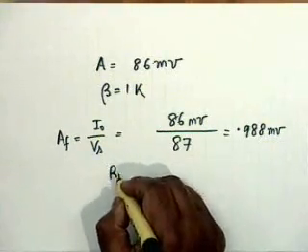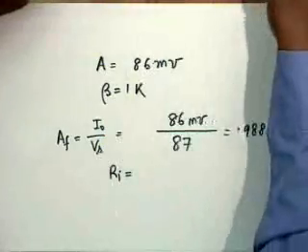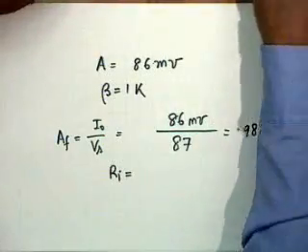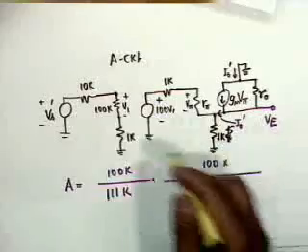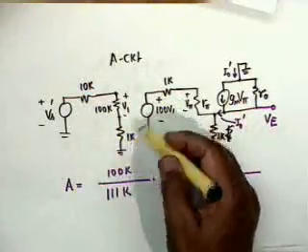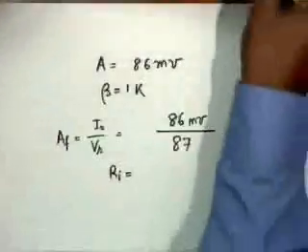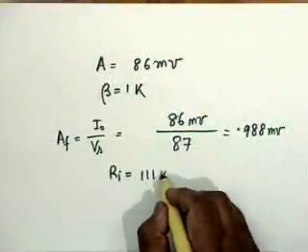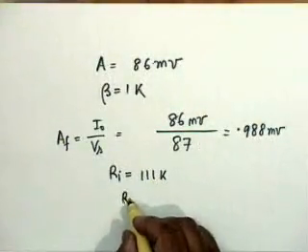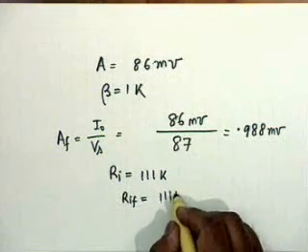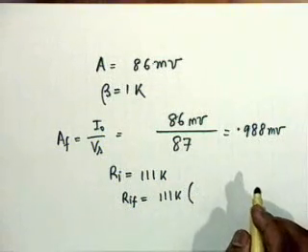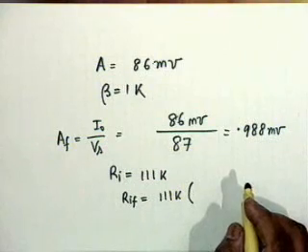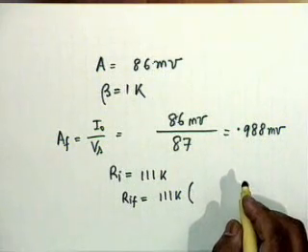And obviously Ri, if you look at the circuit again, what is Ri? Differential amplifier: 100K, 10K and 1K. So it is 111K. And RIF therefore would be 111K multiplied by how much? Increase or decrease?